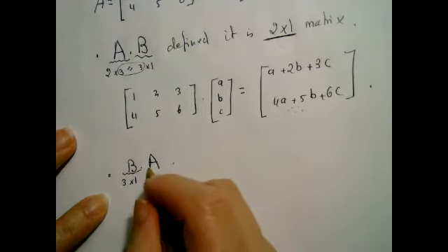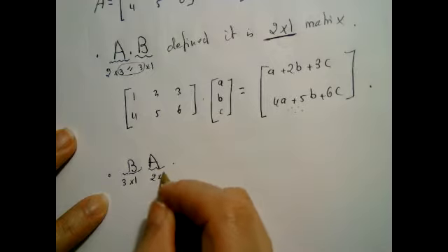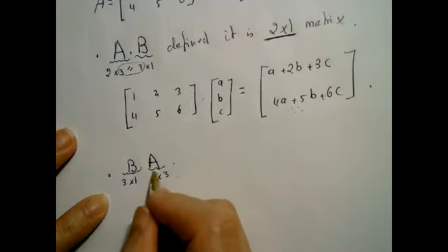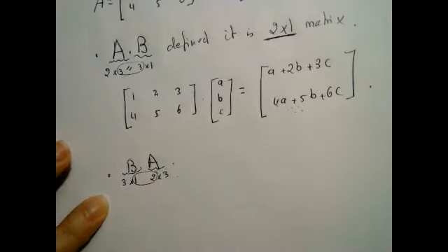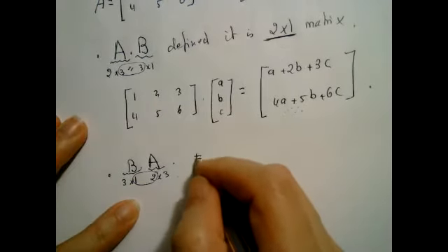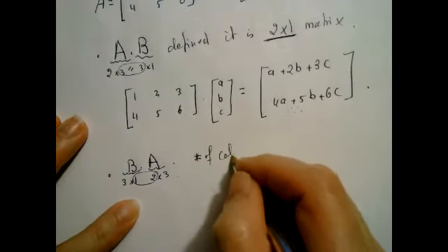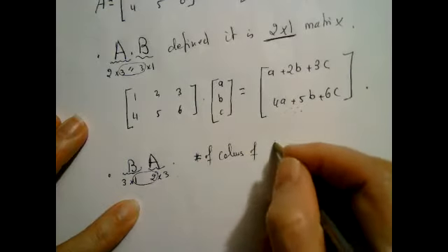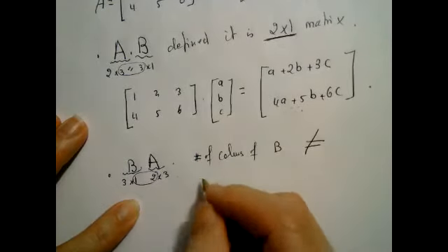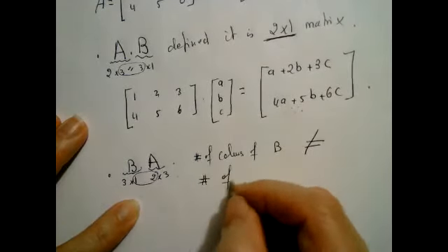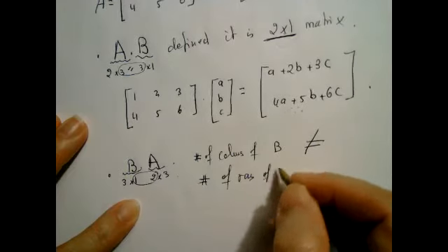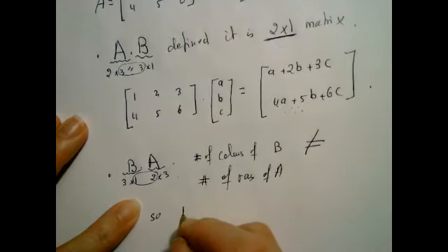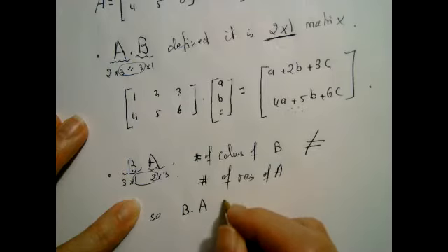What's A? 2 by 3. Definitely not equal. So the number of columns of B is different than the number of rows of A. So BA is not defined.